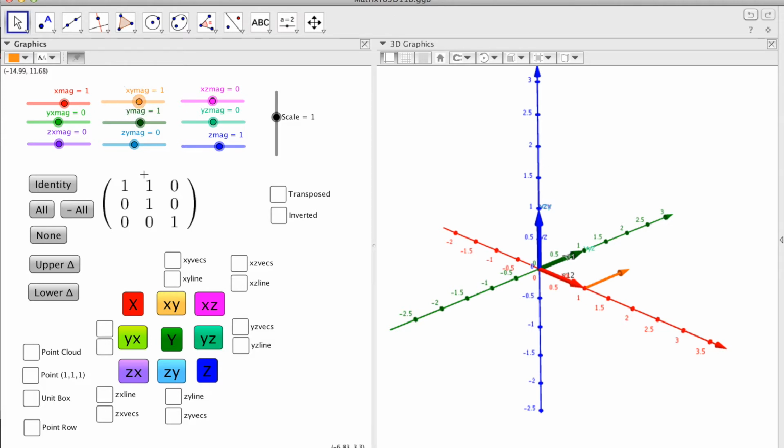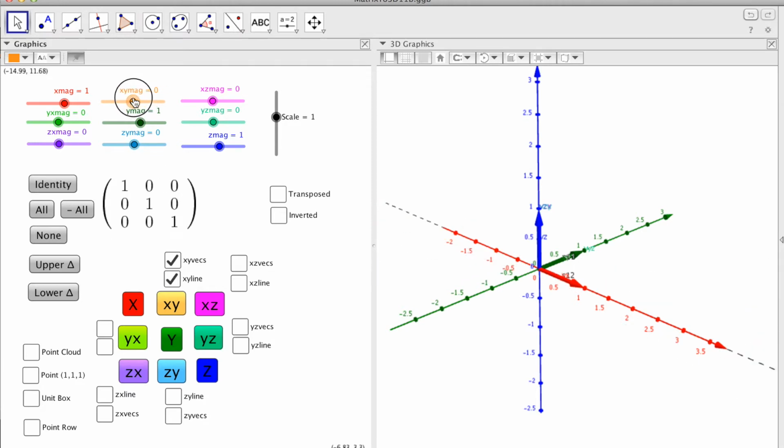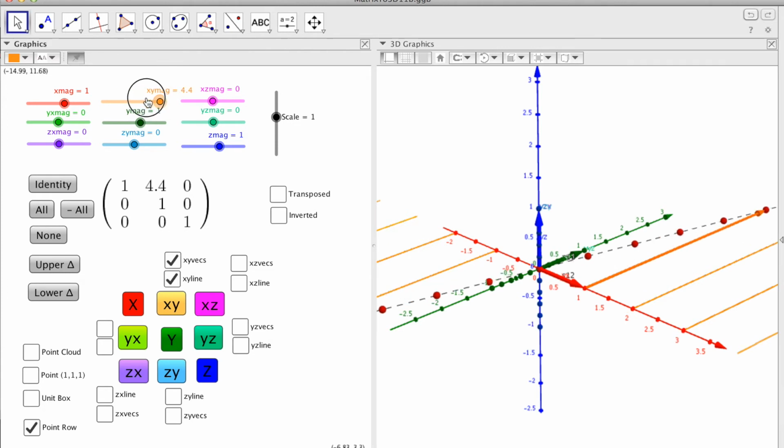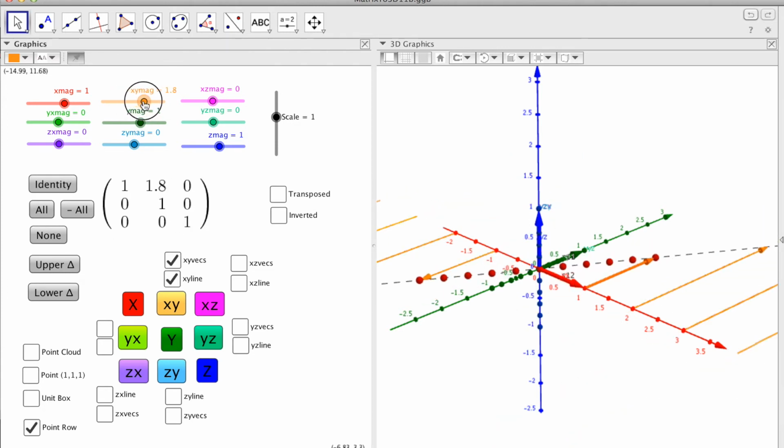Now, in fact, a better way to visualize this is as a line, a skew line, and you can see how it multiplies points with larger x-coordinate more in the y direction, and ones with a lower x-coordinate less in the y dimension. For example, if we turn on this row of points, we'll see how the row of points is skewed by this skewing transformation.